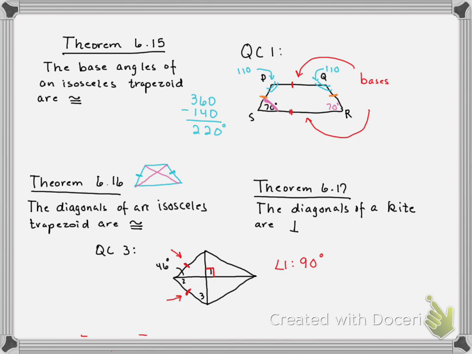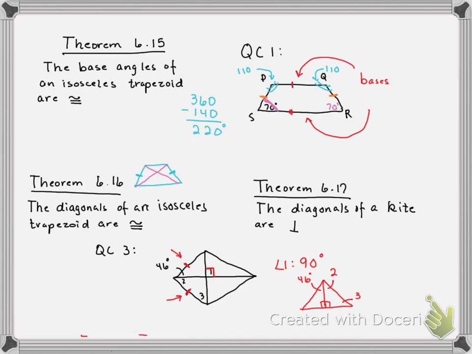Okay? So I'm going to pull out those two triangles and draw them like this. So we know that we've got right angles in here as well. So this is the 46-degree angle right here. Okay, that's 46. This is angle 2, and that is angle 3.